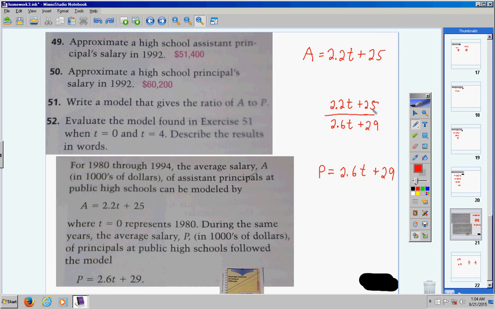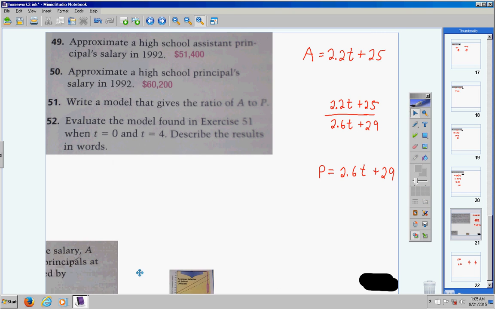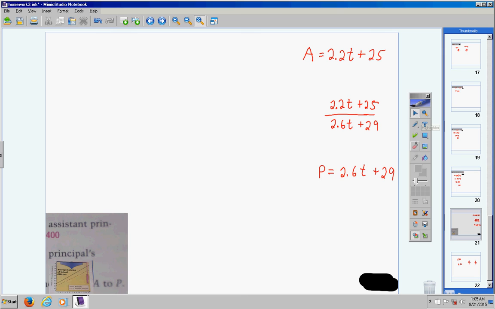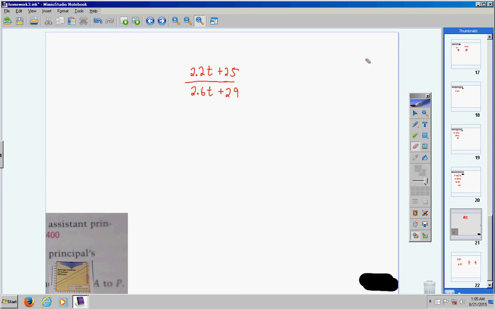We're going to take this model and we're going to evaluate it at 0 and then at 4 and describe the results. And of course the model we're using is the one we just came up with from number 51. Okay, so first of all, let's evaluate this thing at 0.